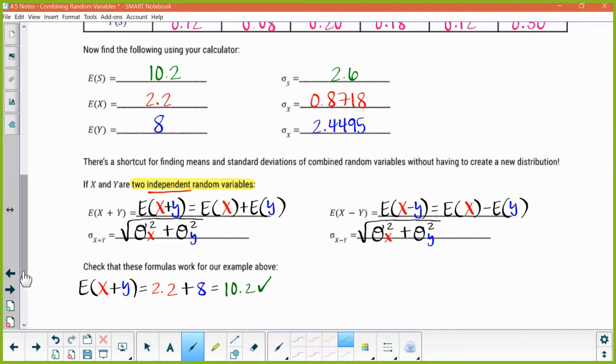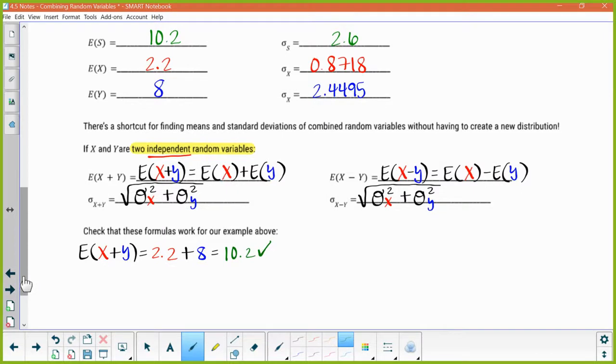Standard deviation is a little bit different, again, because we are working in terms of variance. We have to consider that, which is why we have a square root there and we have our variance working. The big thing with standard deviations, you cannot decrease the variability in a data set by adding two sets together.